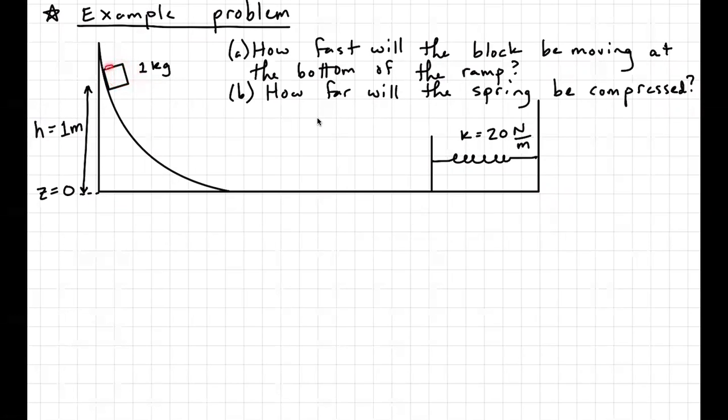The block is released from a point that's 1 meter above this flat plane down here. At the end of this plane, there's a spring. And let's neglect any frictional forces here. That means that there are no non-conservative forces, and we should expect the mechanical energy to be conserved.